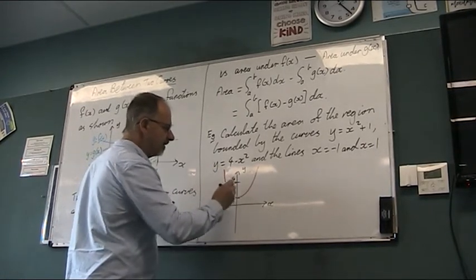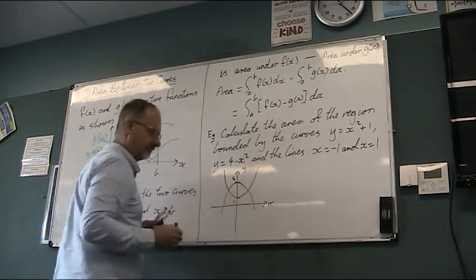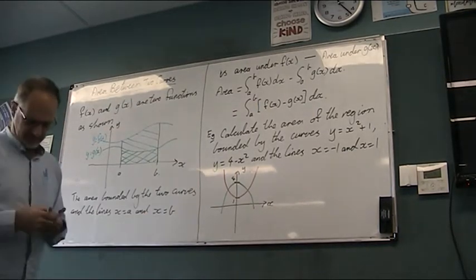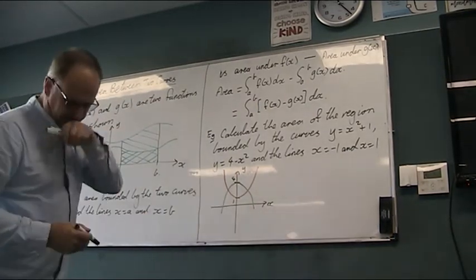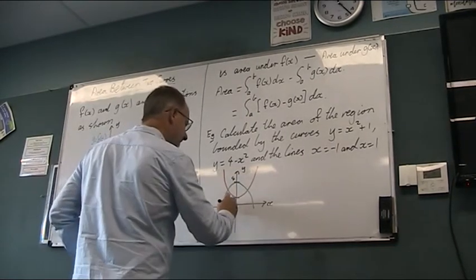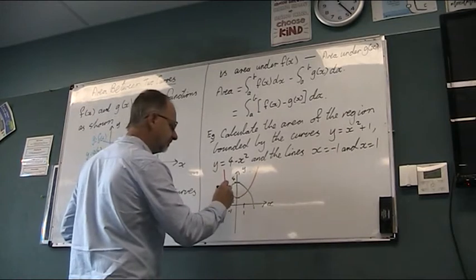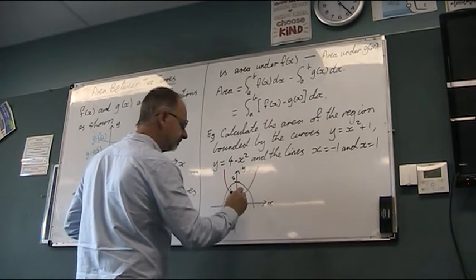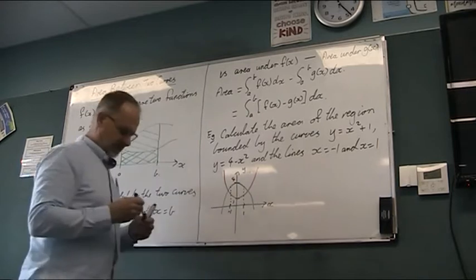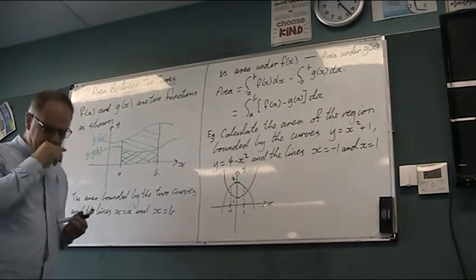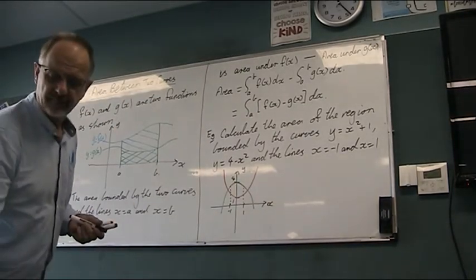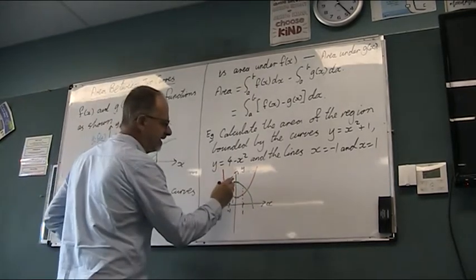So we get something like so. There are our two. And then the question asks between -1 and 1. So what we're looking at then is this area in here.